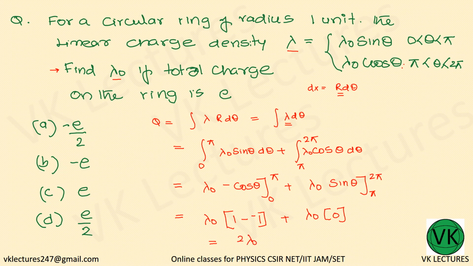So 2 times lambda naught is equal to Q, which means lambda naught equals Q by 2. So your option is option D.